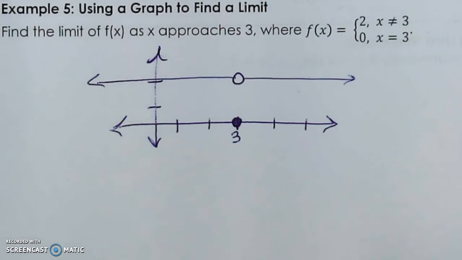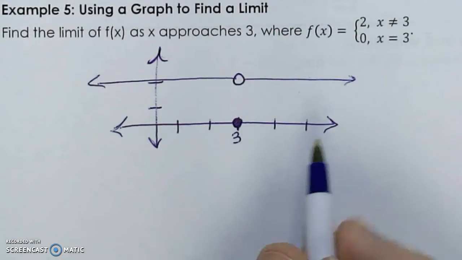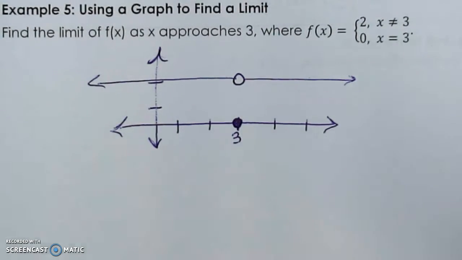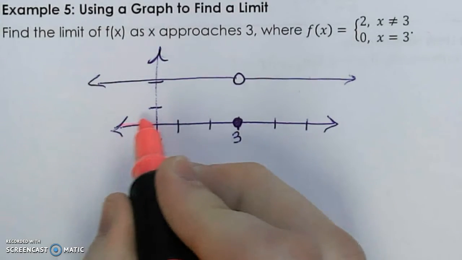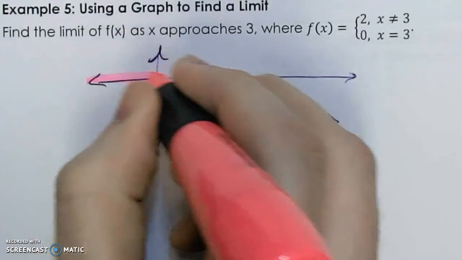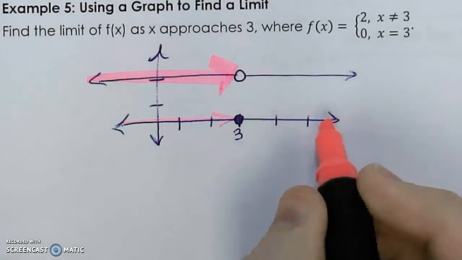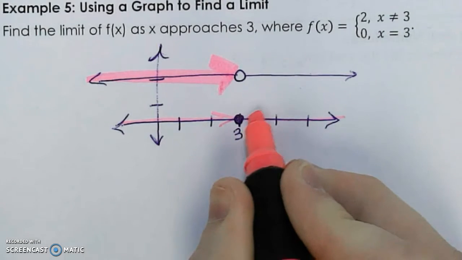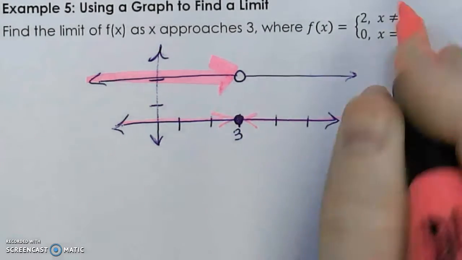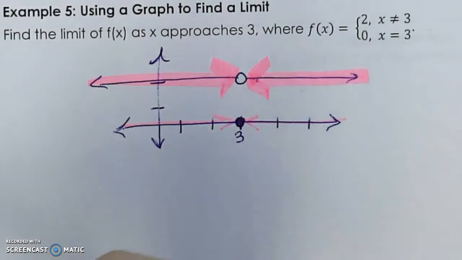If I use this graph to find my limit, what I see is as I get close to 3 on the left side, so as I go towards 3 on the x-axis, what are the y values doing? The y values are going towards the y value 2. And as I get close to 3 on the x-axis from the right side, if I look at what's happening in the function, the y values are getting close to the value 2.